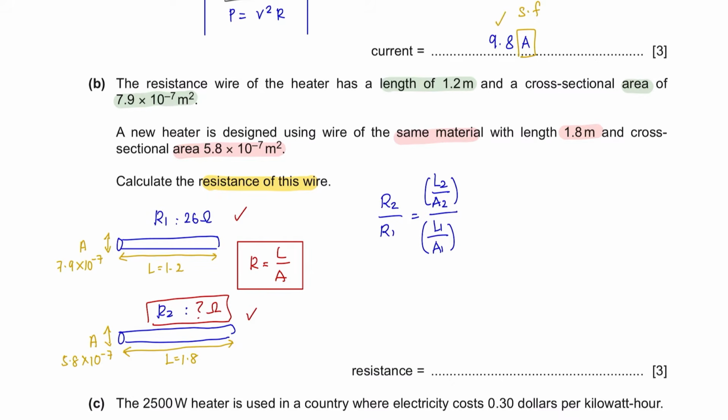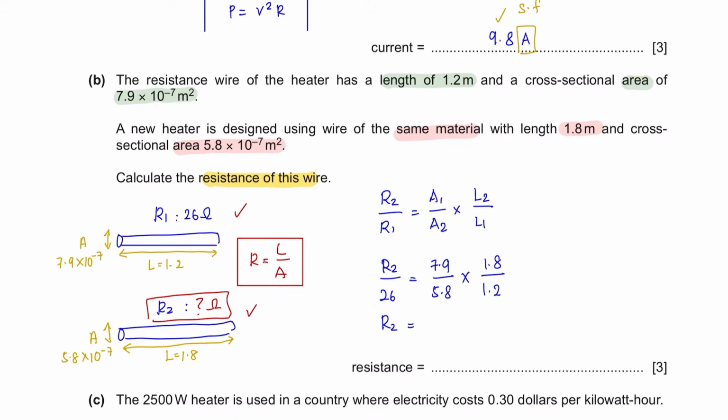So let's simplify this equation and substitute all the known values. From here, you will get the value of resistance 2, which is 53.12 ohms, and you can just write your final answer as two significant figures. Again, do not forget your units.